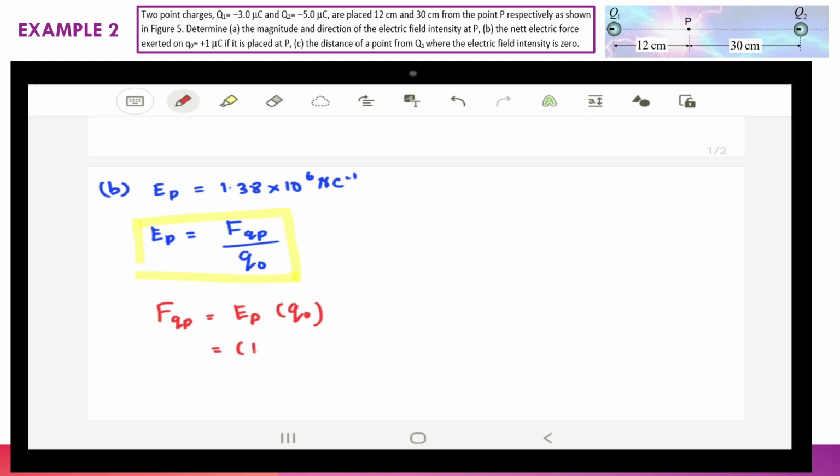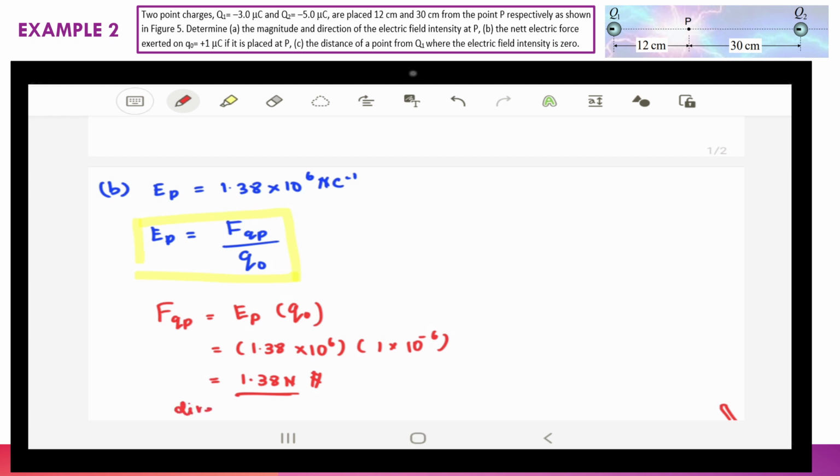And this is 1.38 times 10 power of 6. Given that the test charge is positive 1 times 10 power of negative 6 coulomb, the final answer should be 1.38 Newton. And this is the magnitude.